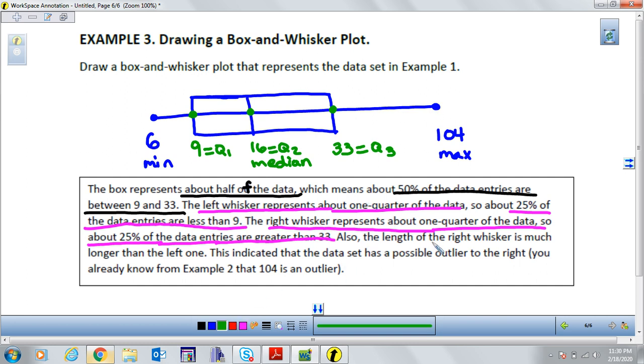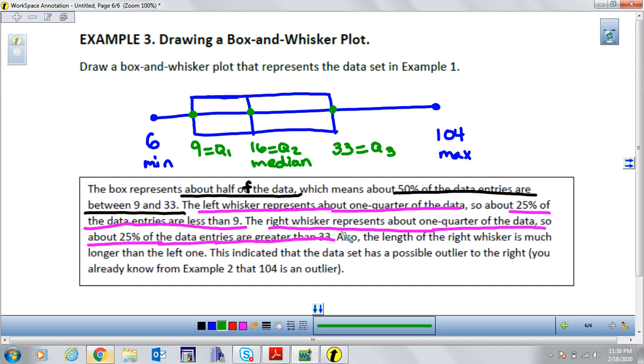Then it says also the length of the right whisker is much longer than the left one. And what about that? The longer whisker is not always going to be the one on the right hand side; it could be the one on the left. But in this case, the longest of these two is the right hand side whisker. This indicates that the data set has a possible outlier to the right hand side.